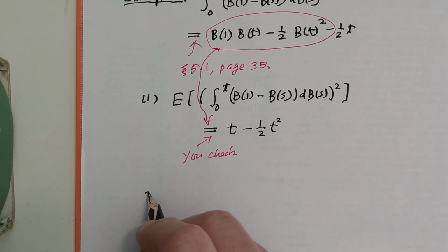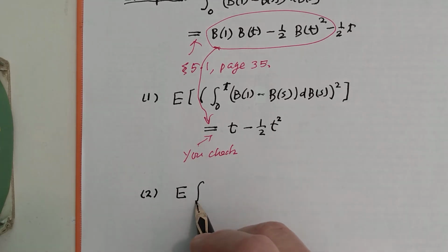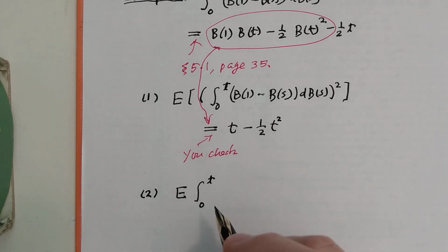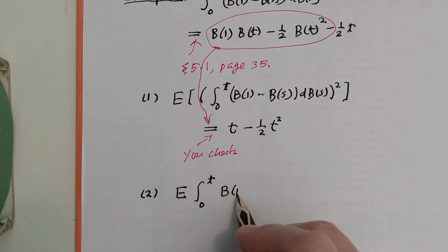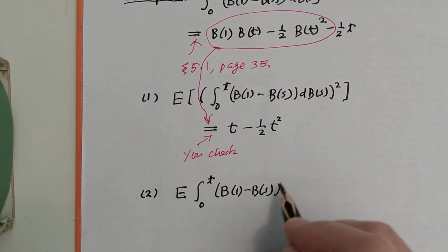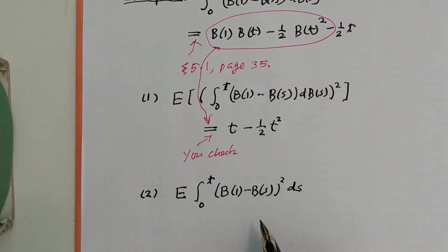On the other hand, let's compute the right-hand side of the isometry. The expectation of the integral from 0 to t of the integrand squared, ds. What is this? This is the integral from 0 to t, bringing the expectation inside.